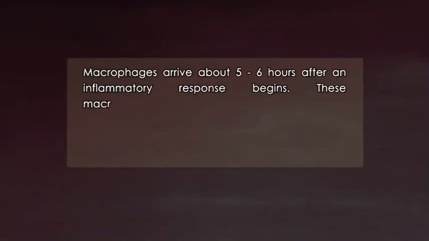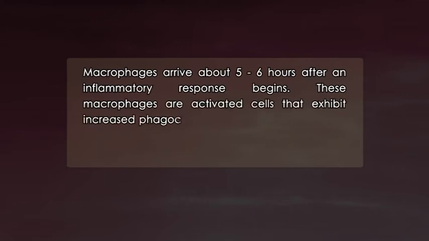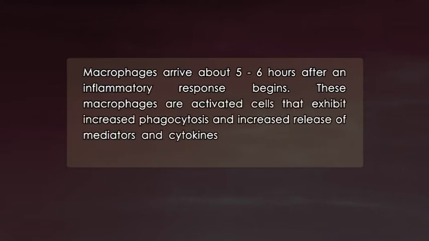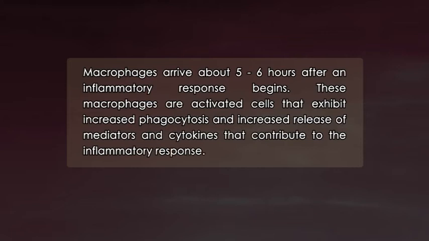Among the mediators are the macrophage inflammatory protein MIP-1 and other chemokines that attract macrophages to the site of inflammation. Macrophages arrive about 5 to 6 hours after an inflammatory response begins. These macrophages are activated cells that exhibit increased phagocytosis and increased release of mediators and cytokines that contribute to the inflammatory response.